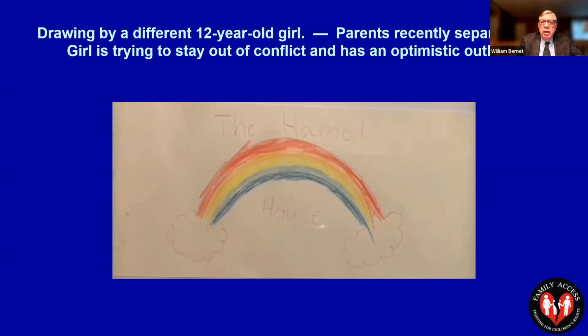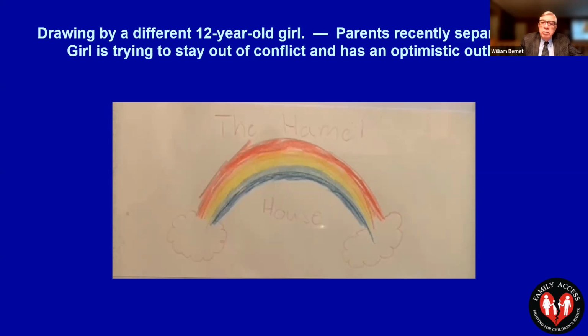And this little girl is trying to convey that she's optimistic for the future. And she's aware that mom and dad have split up. She's aware because they're now in two different places. But when she visits her dad in his new place, this is the picture she draws.